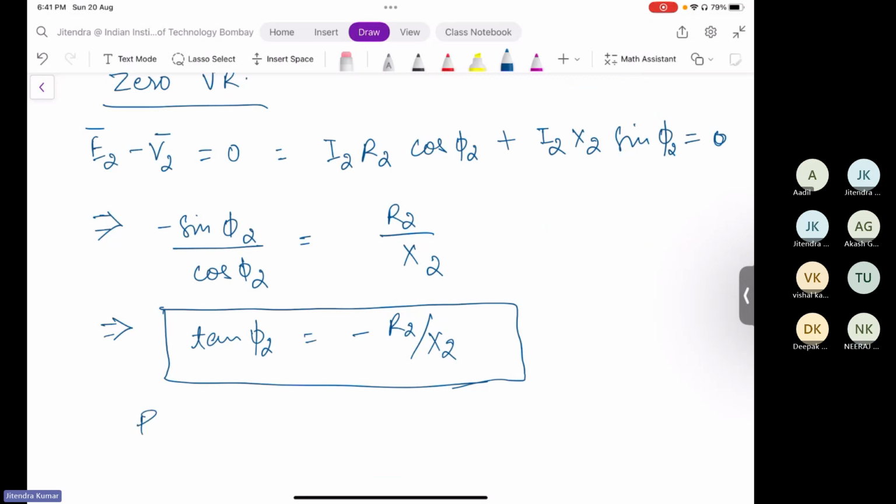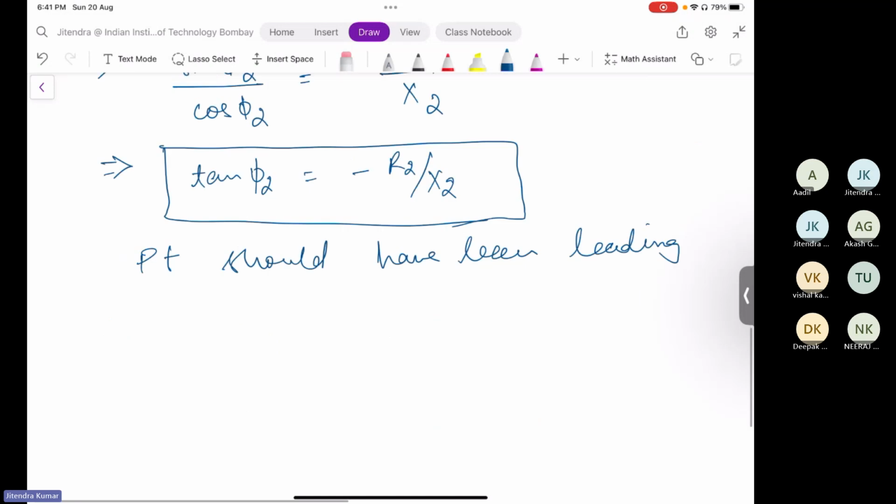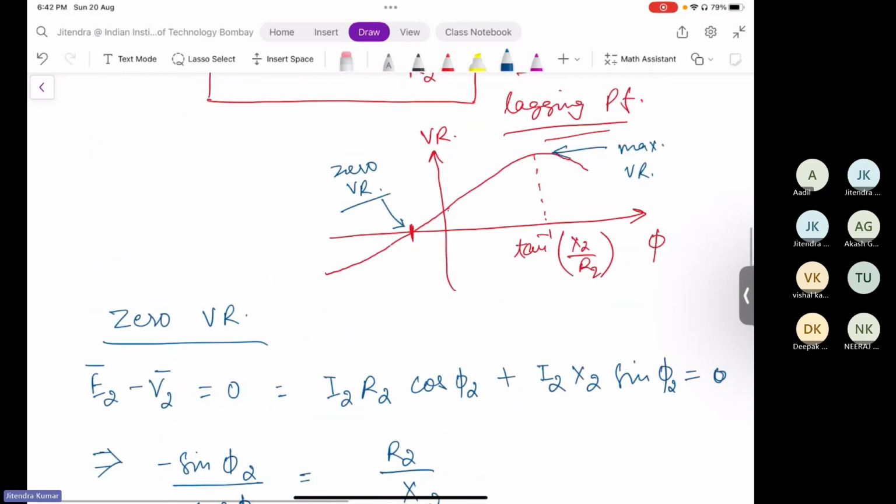It means the power factor should have been leading. So if leading, then phi 2 should be tan inverse R2 by X2. And that's what I have drawn on the graph. So this is the point which is negative on the power factor, and this value is tan inverse R2 by X2.